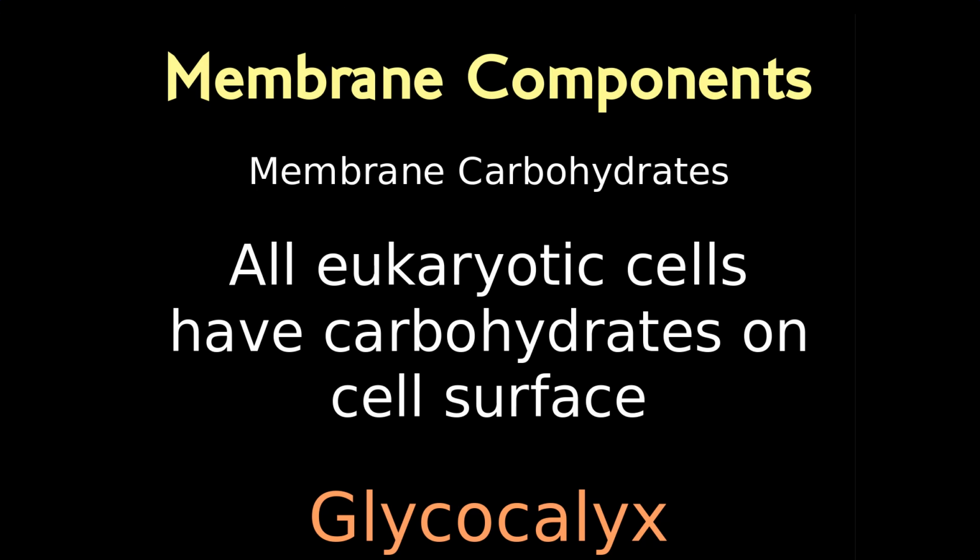A calyx can be referring to something that is covering something else, glyco referring to the sugar. So it's like the sugar coating. You didn't know that all your cells were sugar coated. You were sweeter than you thought. Although don't eat yourself, that wouldn't be good.